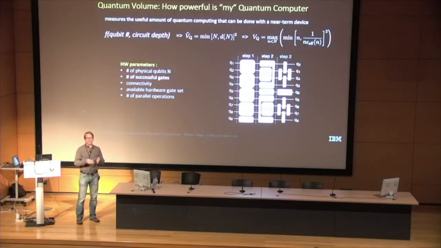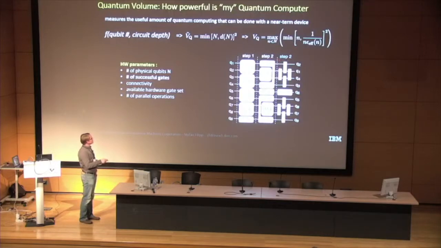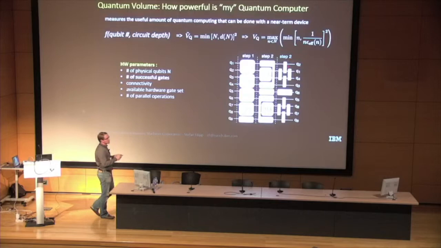It's not only the single qubit and 2-qubit errors, but what goes in here is also the topology of the device. Because there is a difference if we have all-to-all connectivity or only pairwise connectivity. For example, you see in this sample circuit, if we want to execute a step like that, which connects qubit 1 and qubit 4, but we don't have a link between these two, we need to actually expand this step into more steps.